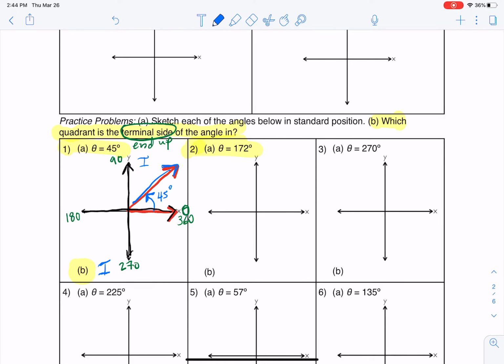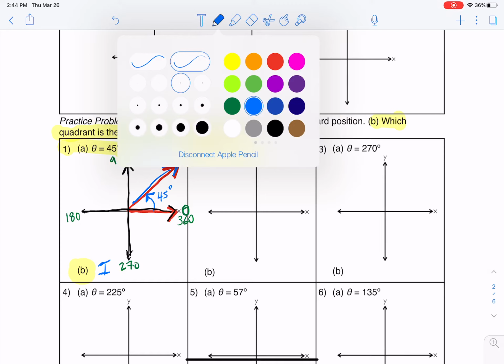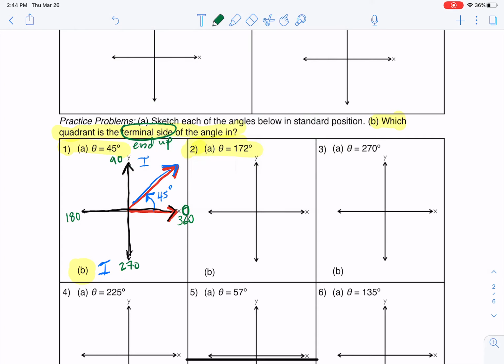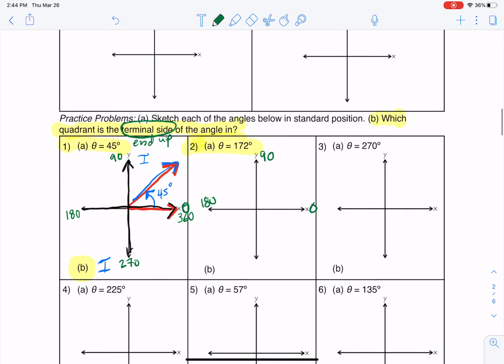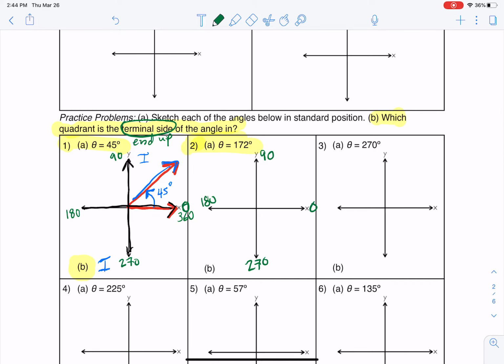Okay, for question 2, we're asked to sketch an angle that's 172 degrees. So again, I'm going to start this problem by labeling my quadrantal angles, or my guide angles, for myself. So 0, 90, 180, 270, and then we're back at 360.